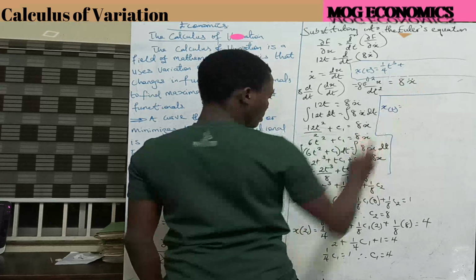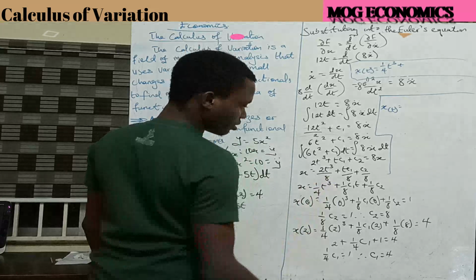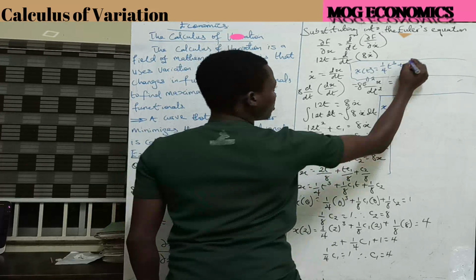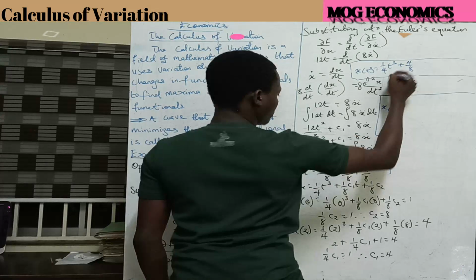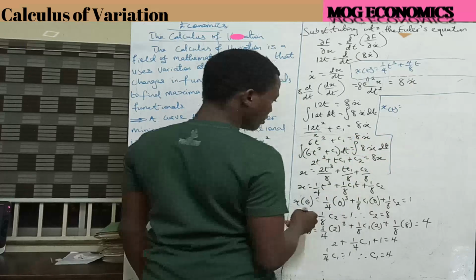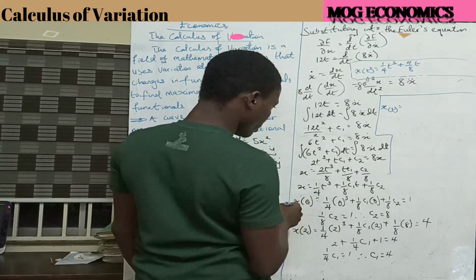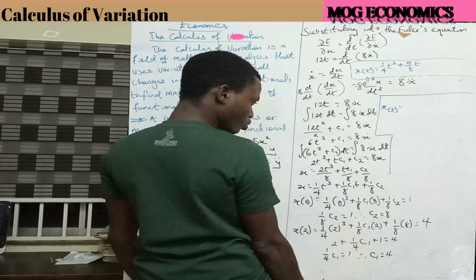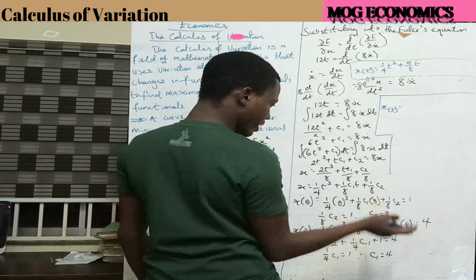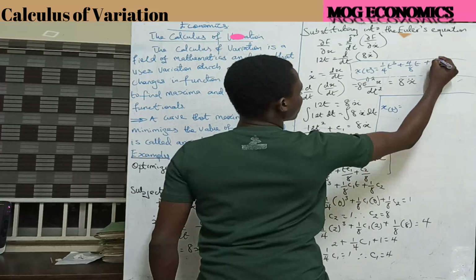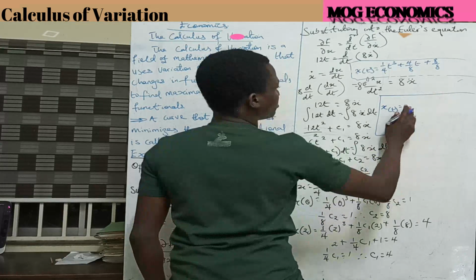Plus, what's c1? C1 is 4, right? So 4 over 8 t, right? Then you have 4 over 8 plus c2. C2 is 8. So plus 8 over 8. That's your final function.